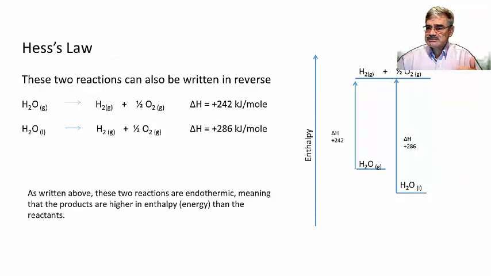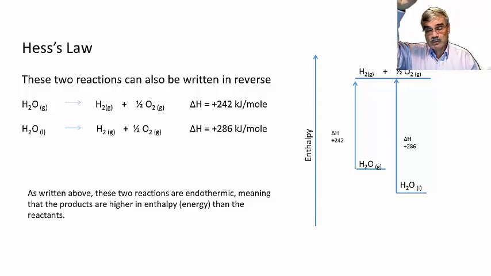And continuing in our discussion of how to operate with these enthalpy diagrams and how to handle delta H's, I'm switching back again and showing you the reaction written in the first way, where it's endothermic. Water vapor being split apart to hydrogen gas and half an oxygen molecule, plus 242. And at the right, you see the enthalpy diagram where you have water vapor, and then to split it apart to hydrogen gas and half an oxygen, you're going uphill.